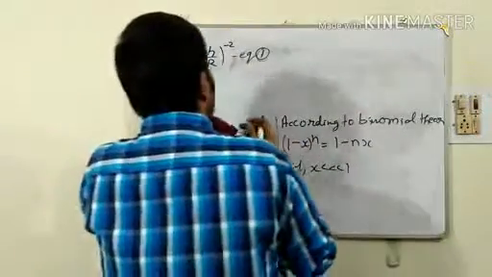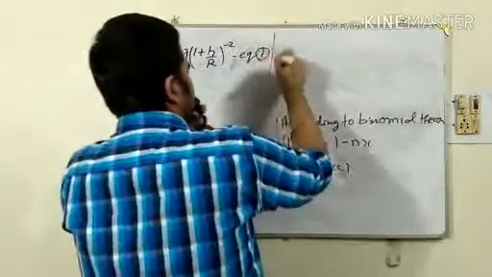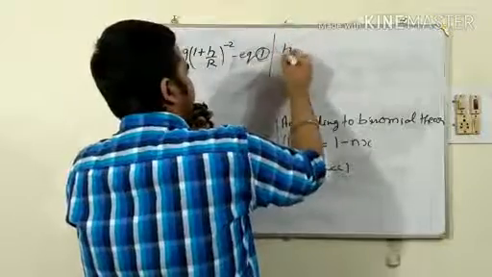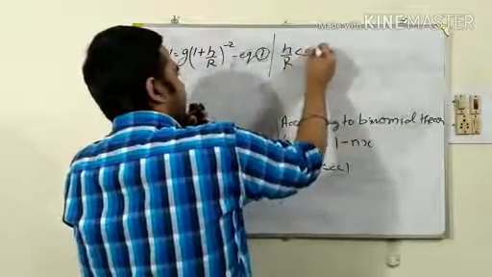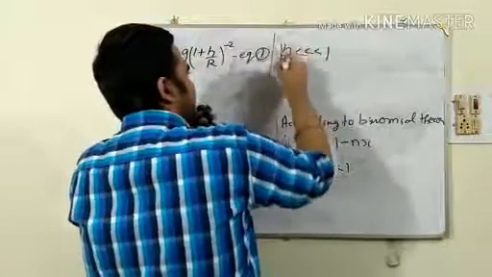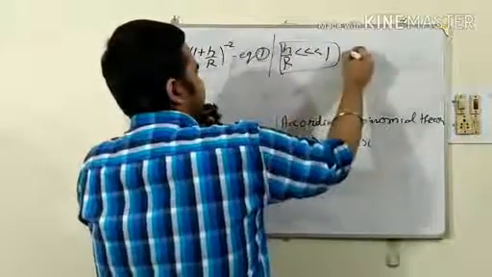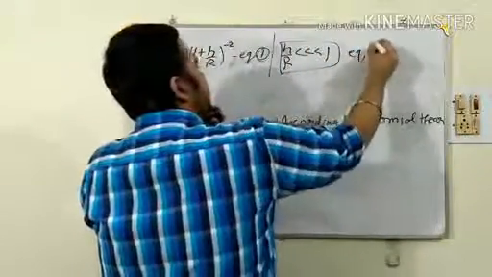As we can see here, this is equation 1, and h upon R very less than 1 is equation 2.